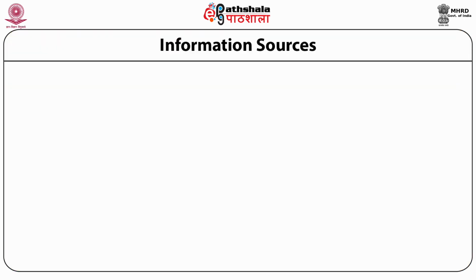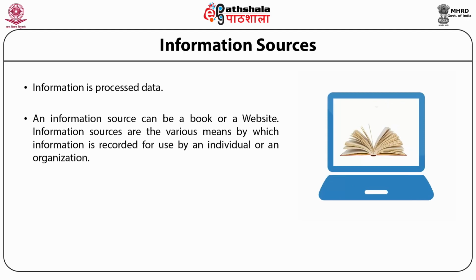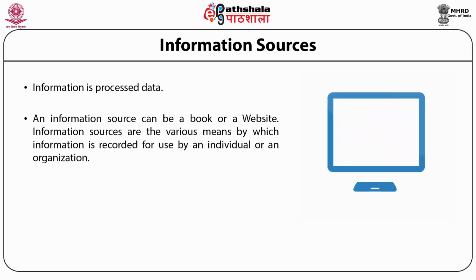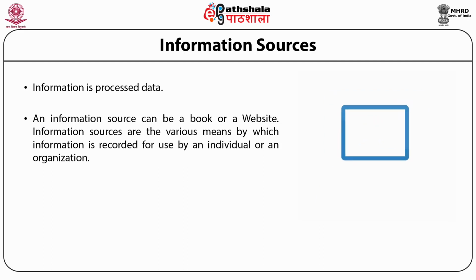Information sources. As already mentioned, information is processed data. An information source can be a book or a website. Information sources are the various means by which information is recorded for use by an individual or an organization.